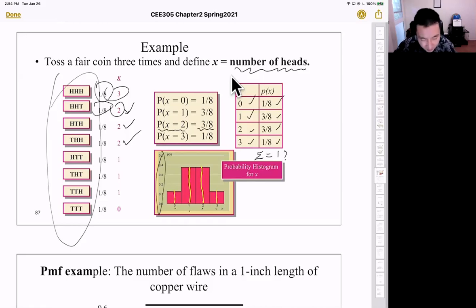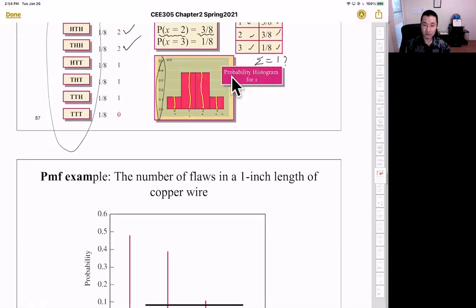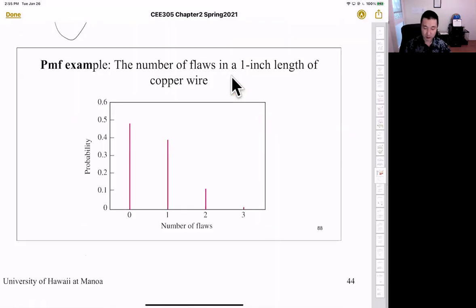So the probability mass function for that example of number of flaws: we could have 0, 1, 2, or 3 flaws.